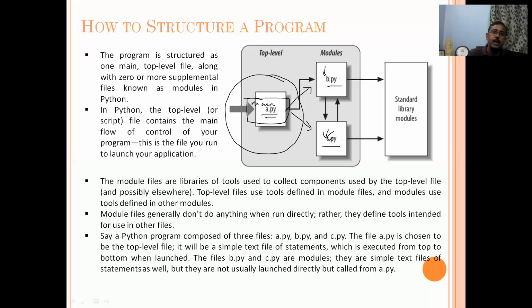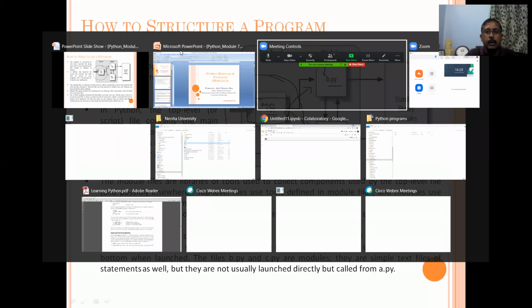The top level program and the modules. Now, when you call the different functions, you can very easily do that. You can simply import that particular module, say import b or import c, and call the function from that module, right?